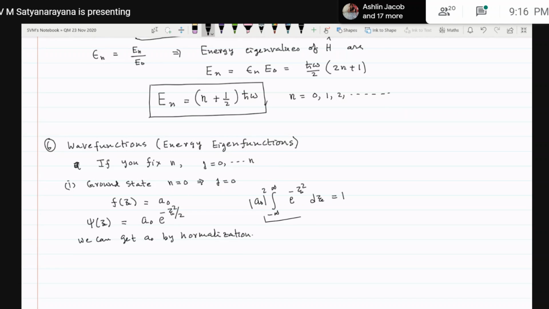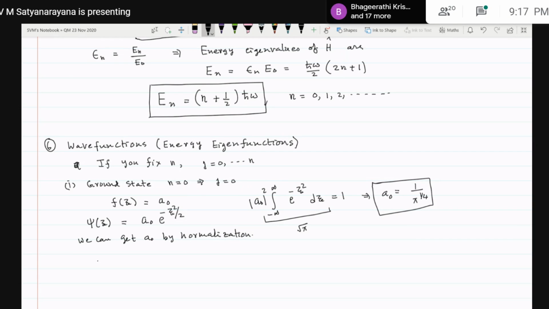But this integral has a value square root of pi. So that implies a0 is equal to 1 by pi to the power 1 by 4. So that is your a0.